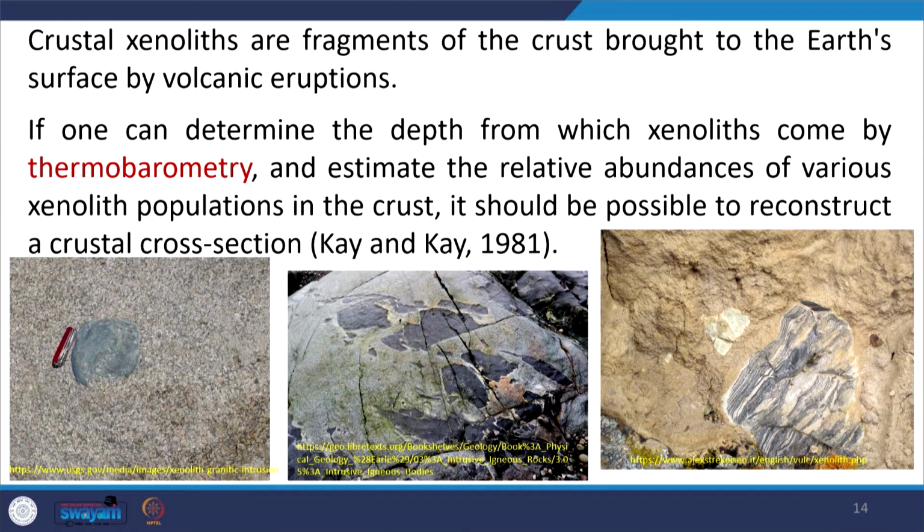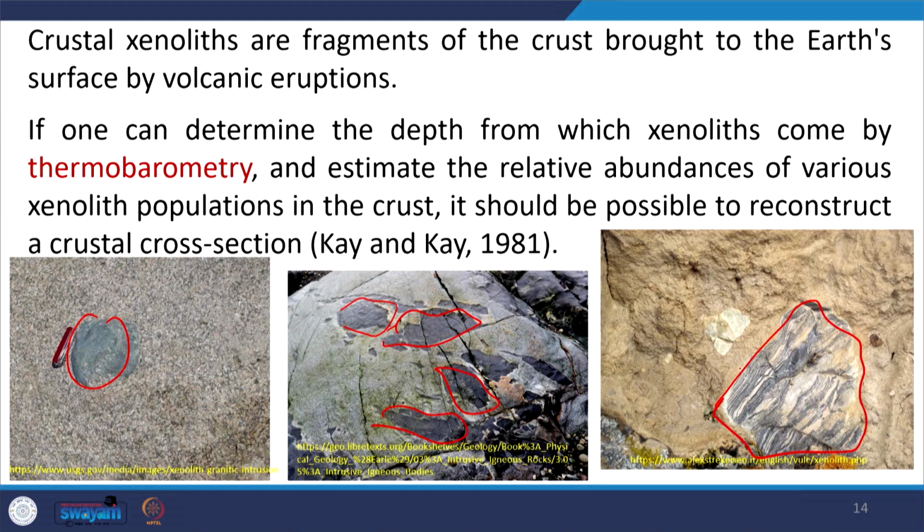Crustal xenoliths are fragments of the crust brought to the earth surface by volcanic eruptions. If you see here some xenolith field photographs, these patches represent the deep crustal rocks.